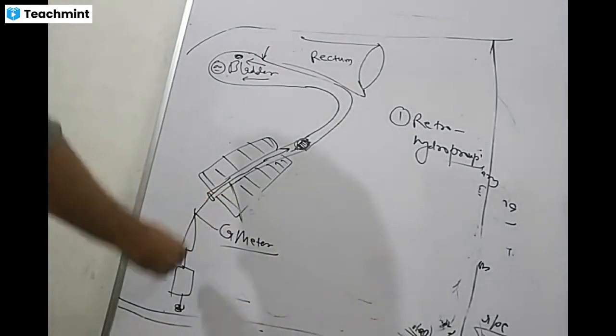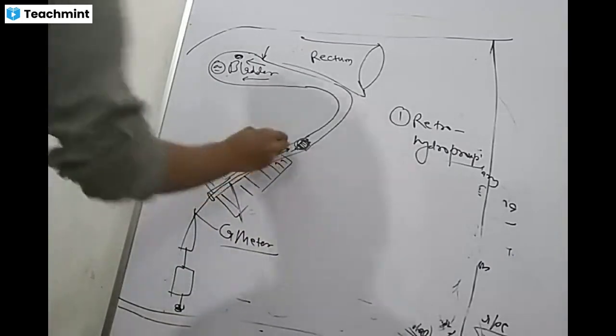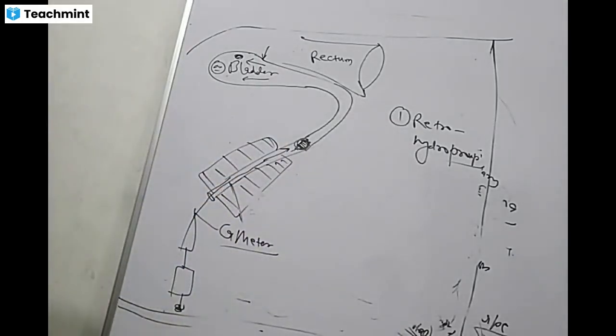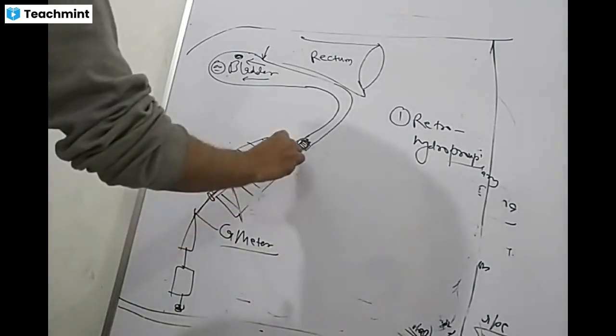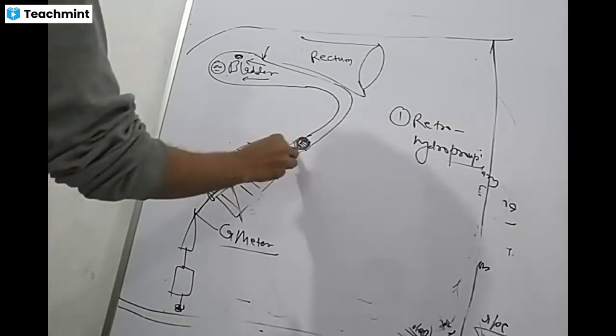So first we catheterize the animal. We are keeping catheter inside the lumen. We'll allow this catheter to go up to what length it can go. Suppose this is the calculi and it can go up to this.